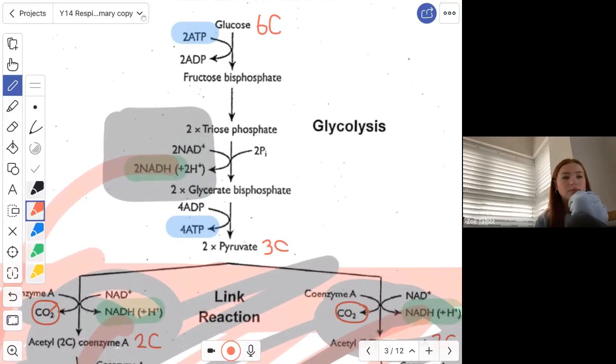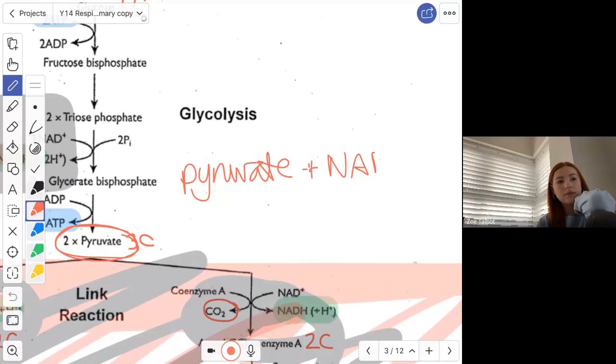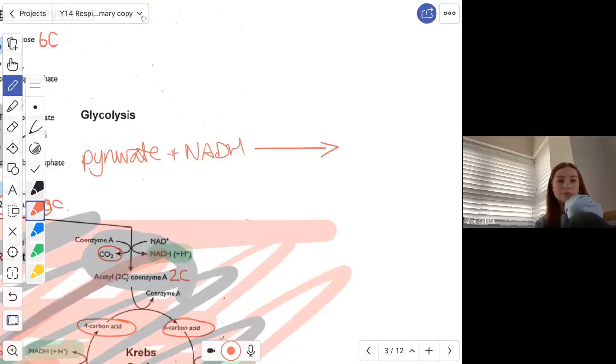At the end of glycolysis, we've got pyruvate. And we've got NADH. All right. What we want to do is to oxidize. This is reduced at the moment, so we want this to be oxidized here.